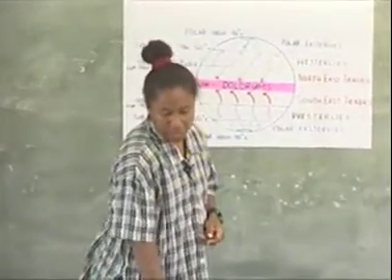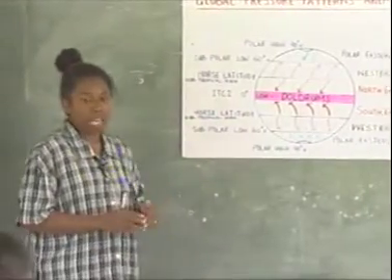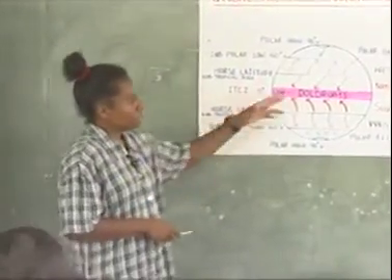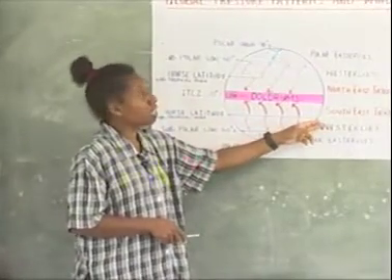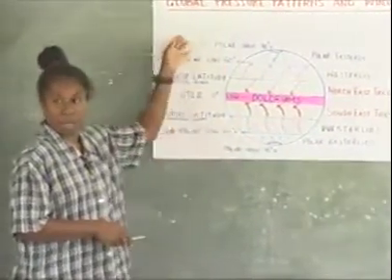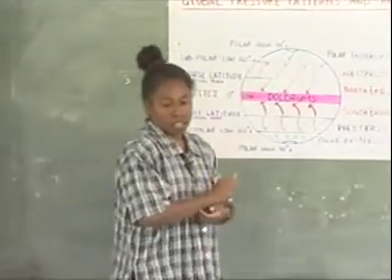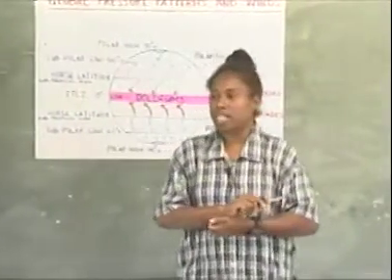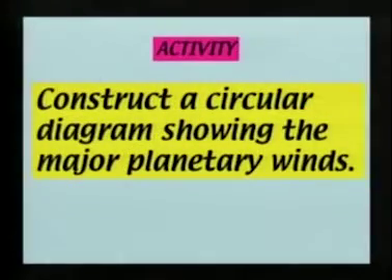And after you construct the diagram, I would like you to be able to also name the major planetary winds and see if you can see the relationship they have with the major pressure belts that we have looked at already. So into your exercise book, an activity now for you to work on, you construct a circular diagram, and your circular diagram should show the major planetary winds.